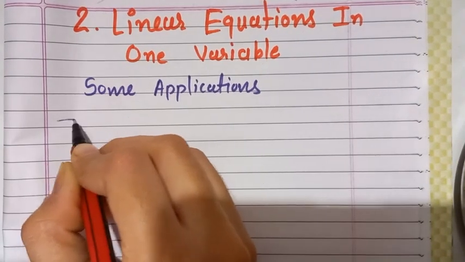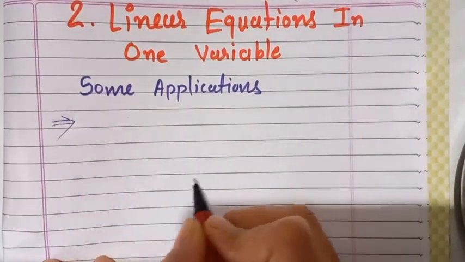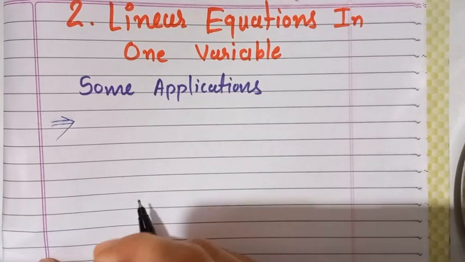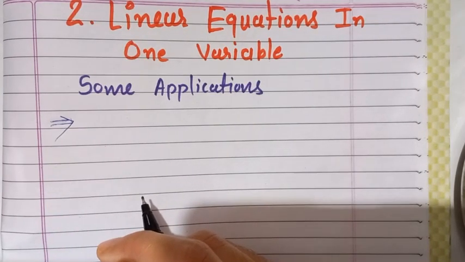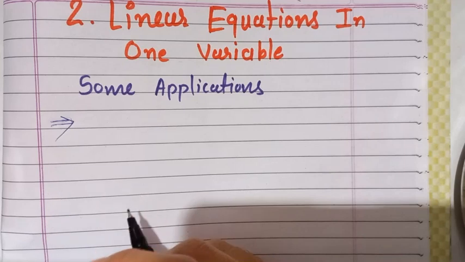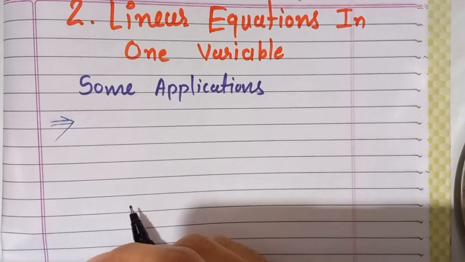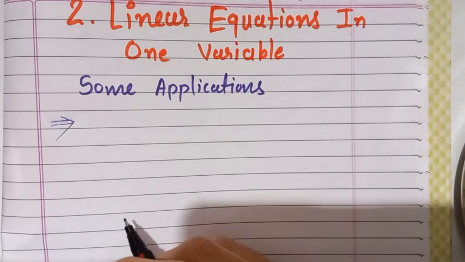Let's say you have a bucket and in that bucket you have some number of apples. Your friend also has one bucket, and in that bucket he also has some number of apples. And you don't know the number of apples in your bucket and in your friend's bucket.